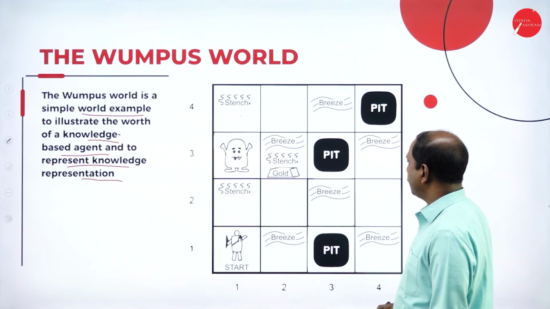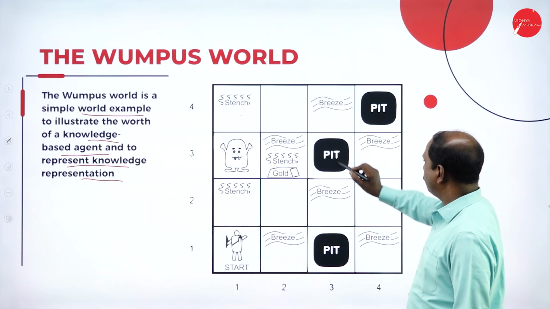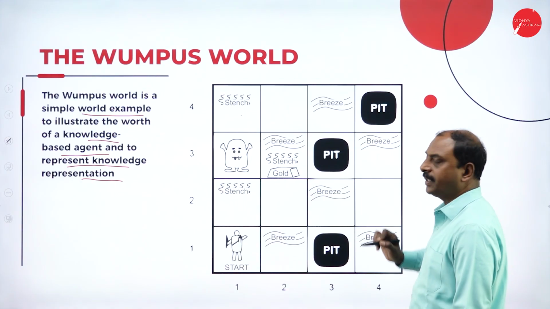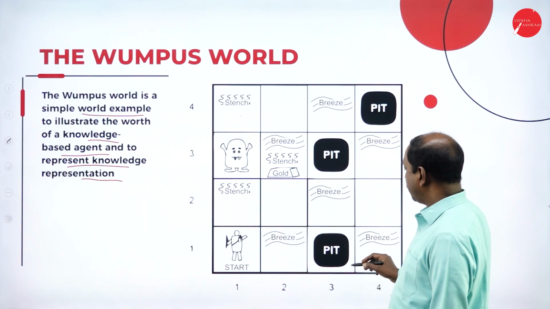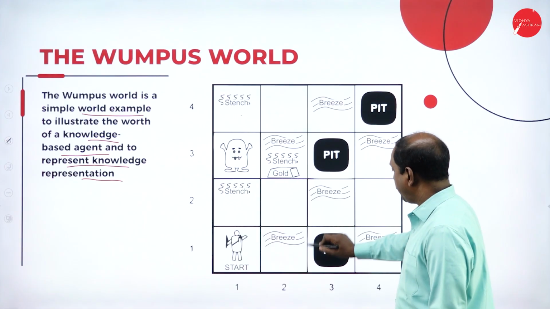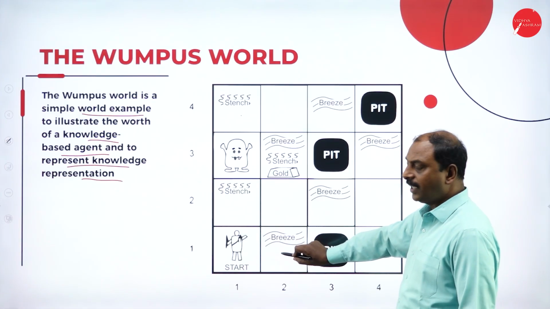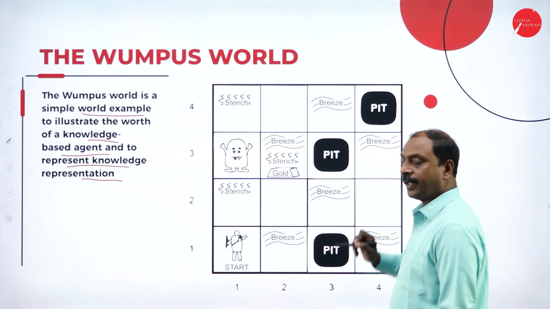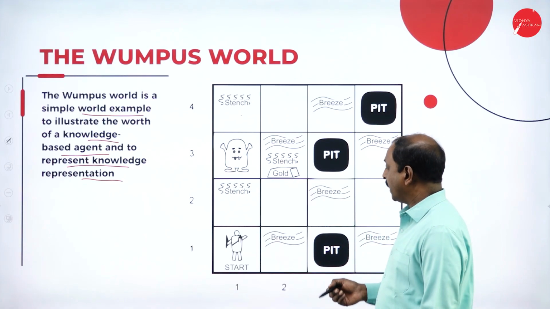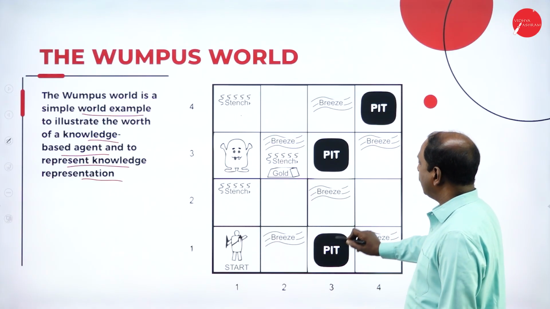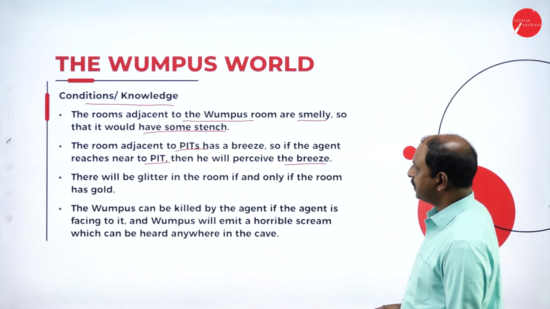In the diagram here, we can find these black spots. They are representing the pit here. So any agent near this pit perceives a breeze. This breeze indicates that there might be a pit nearby, or the adjacent cell would be a pit. That is one condition.